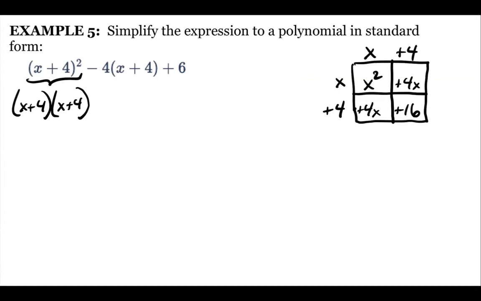I have some like terms in there, so I'm going to change this to x squared plus 8x when I combine the reds, plus 16. This stuff here just comes down because I haven't used it yet.